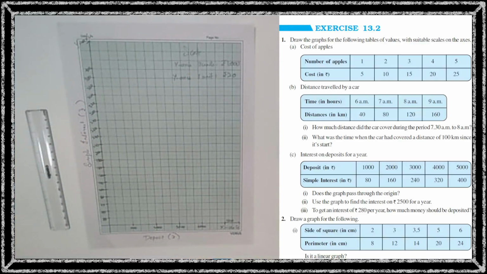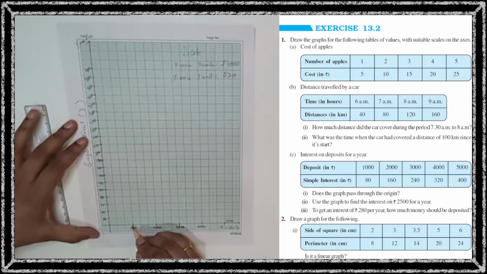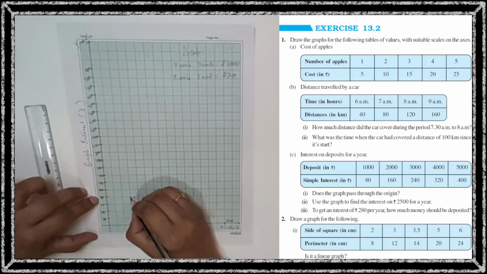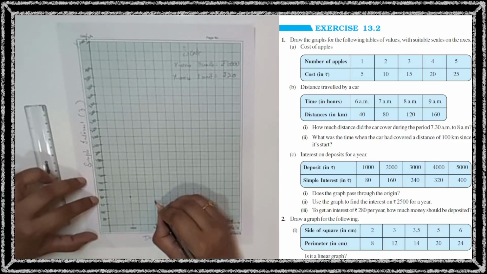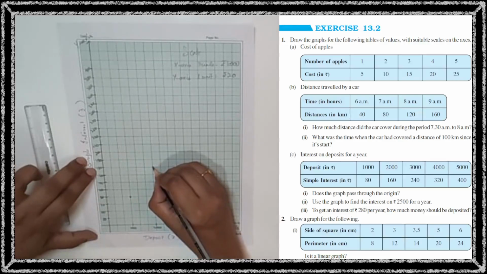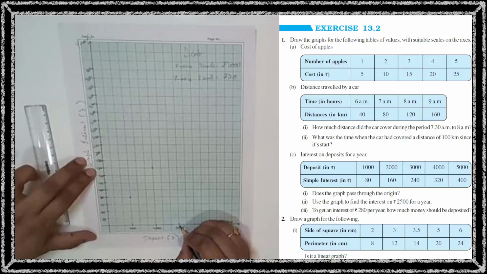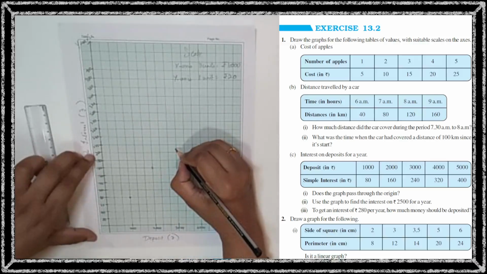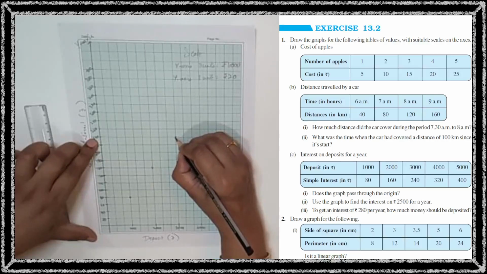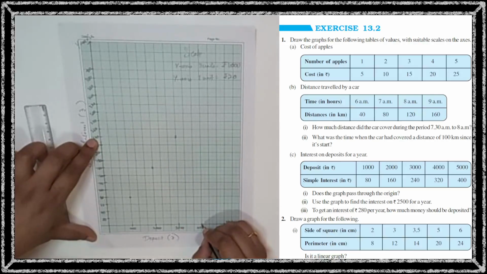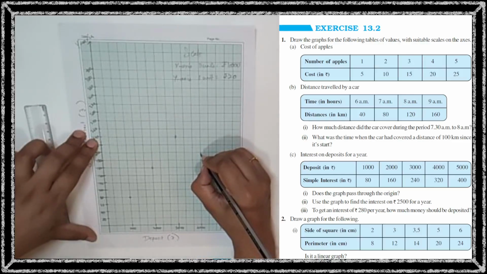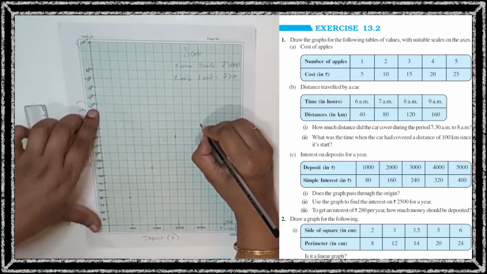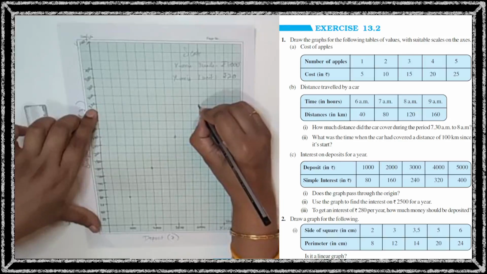Now let's plot the points. For 1000 rupees, I'm going to get 80 rupees as my interest amount. For 2000, it is going to be 160. 160 is over here. For 3000, it is going to be 240. 240 is over here. For 4000, I think my scale is going to interfere, it's going to be 320, right?